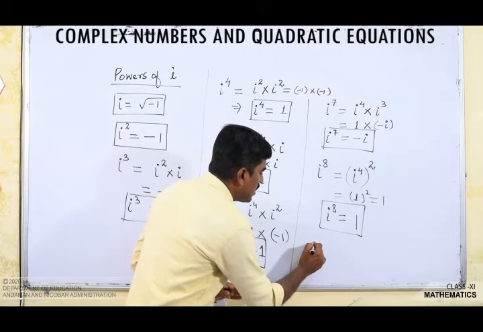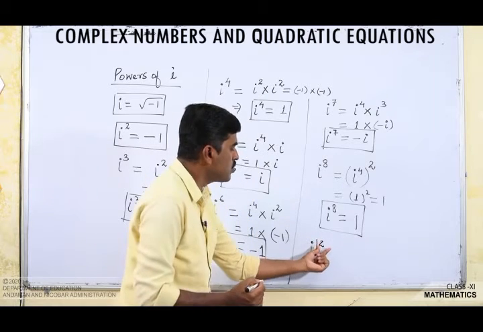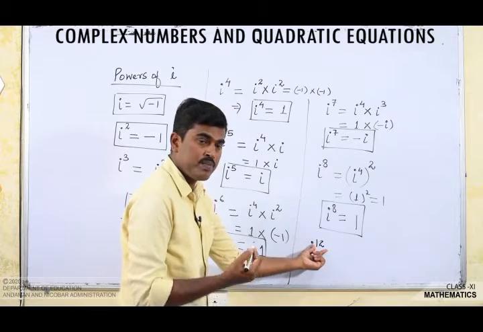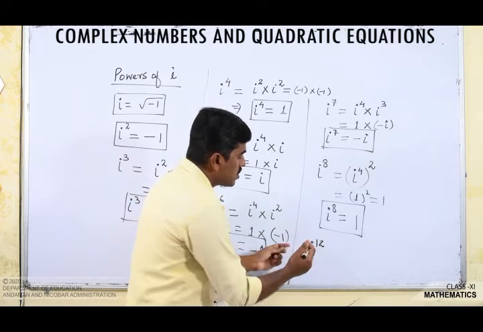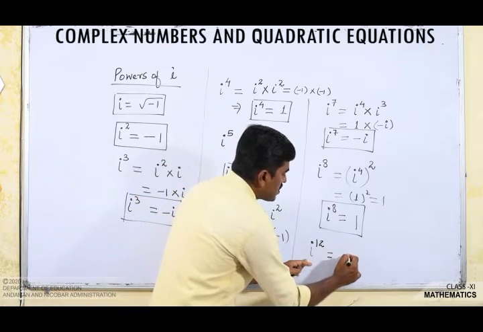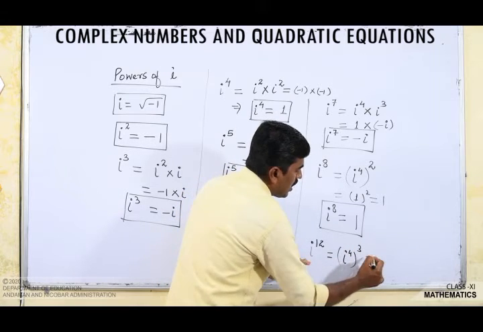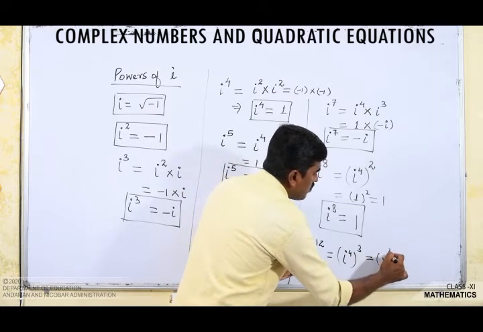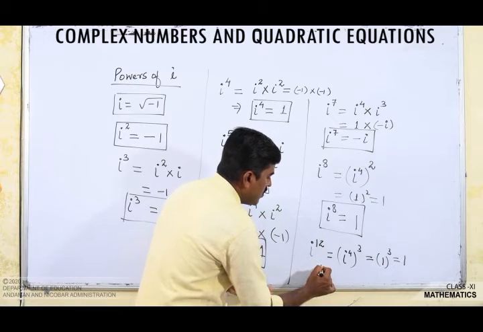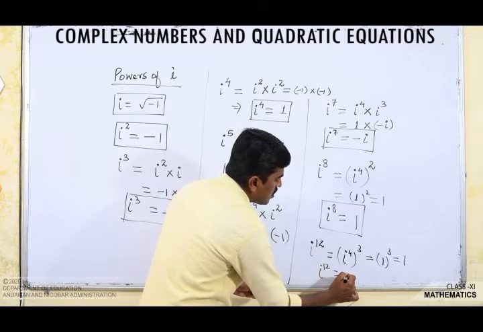Similarly, if we take i power 12, the exponent is a multiple of 4. So i power 12 can be expressed as i power 4 whole cube. i power 4 is 1, so it is 1 cube, that is equal to 1. So again we get i power 12 is equal to 1.